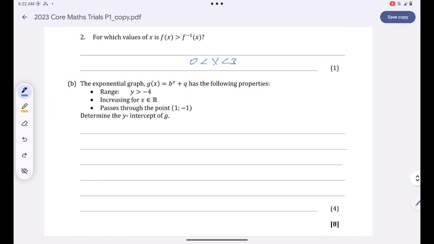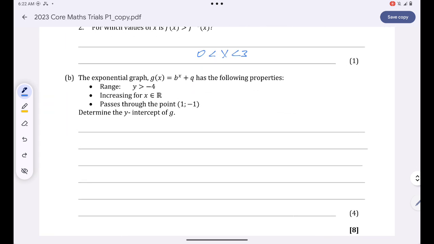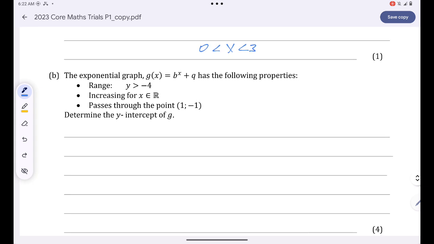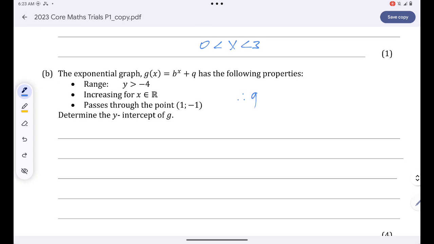Now we are told that the exponential graph g of x has the following properties. It has a range whereby y is greater than 4. That simply means g of x is basically equal to b to the power x minus 4. Because the range means that your graph is either above the asymptote or below the asymptote.